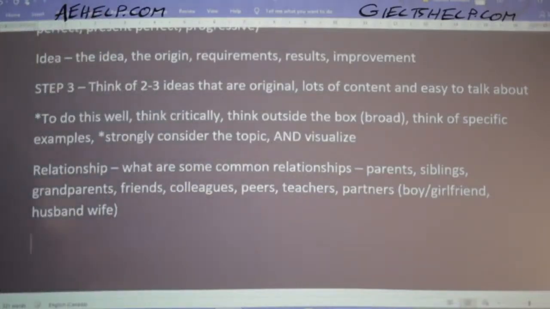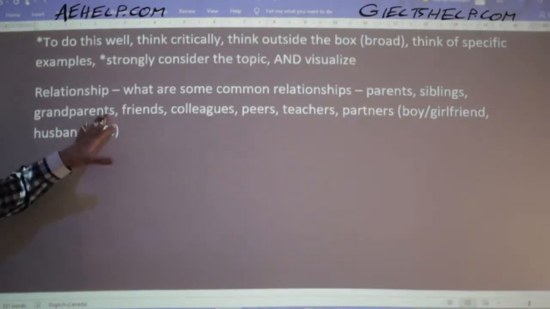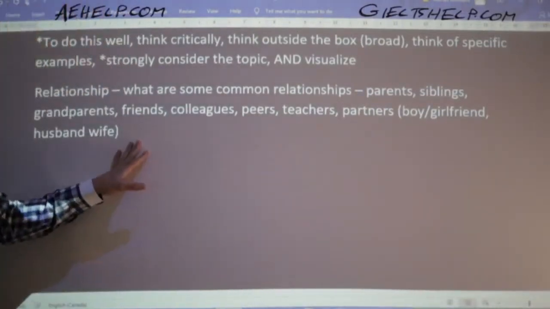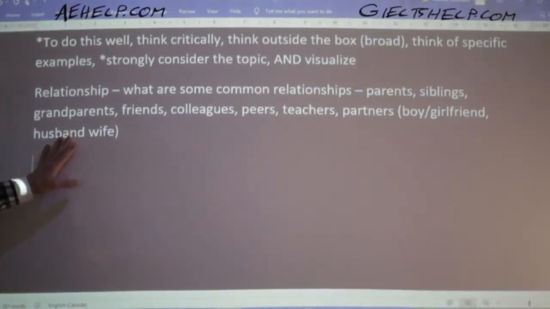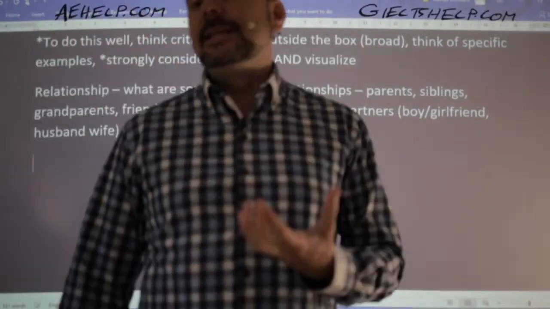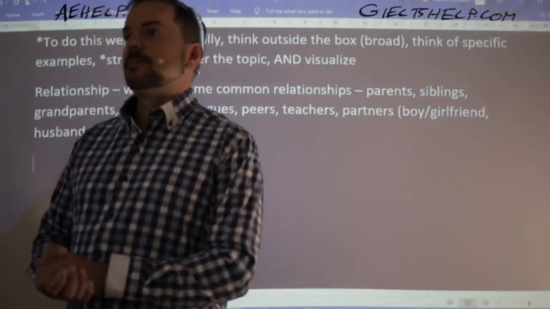Now, think of some ideas to improve relationships with some of these different types of relationships, okay? So now, visualizing this and thinking critically, what, why, how, we can come up with some better ideas for improving certain relationships, okay?